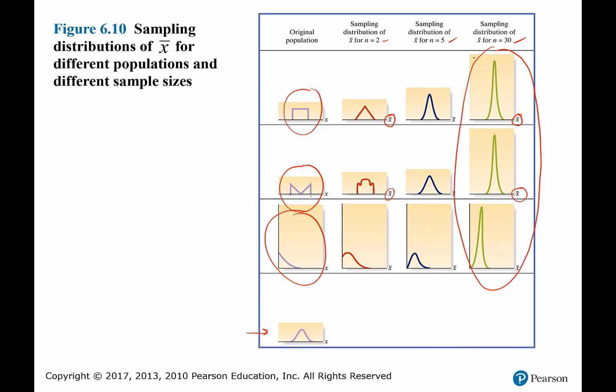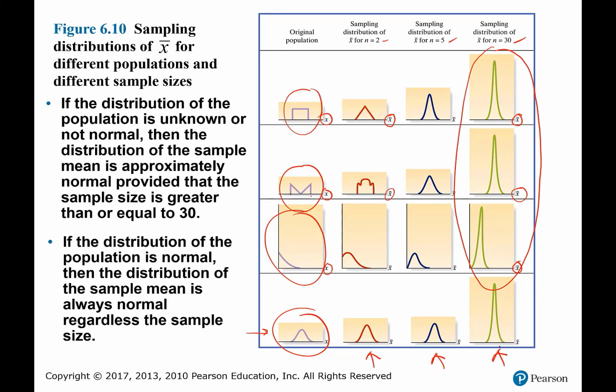All distributions for samples mean are normal, though the distribution for individual values is not. However, when my distribution is normal, it doesn't matter what the sample size is; the distribution will always be normal. Sample size 2, sample size 5, sample size 30: in all cases it will be normal. That is the conclusion in this slide.